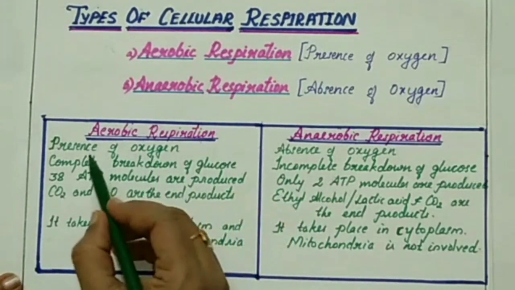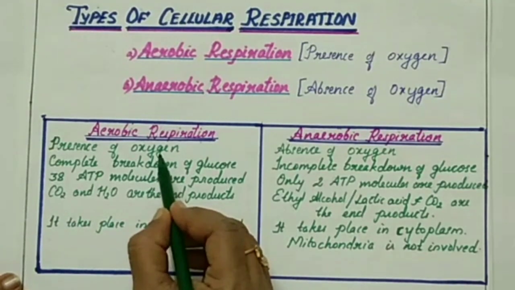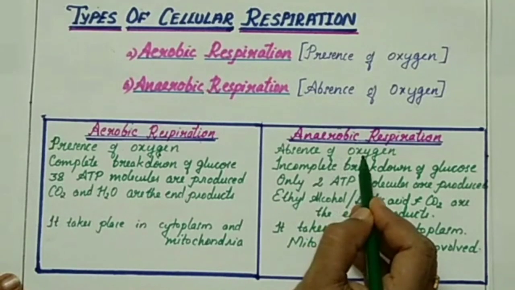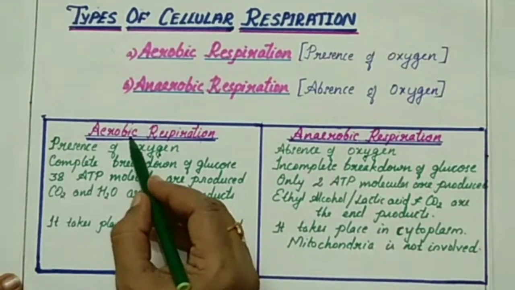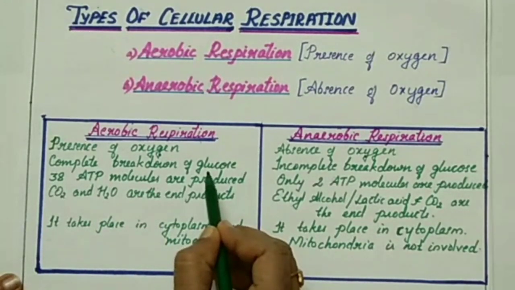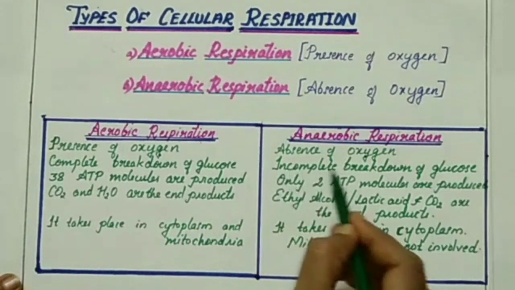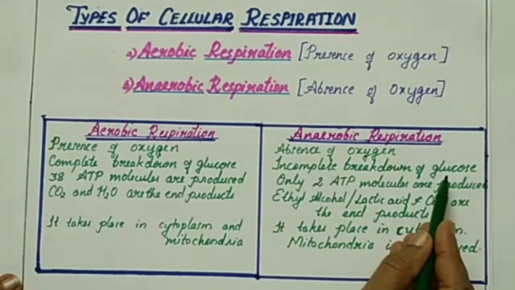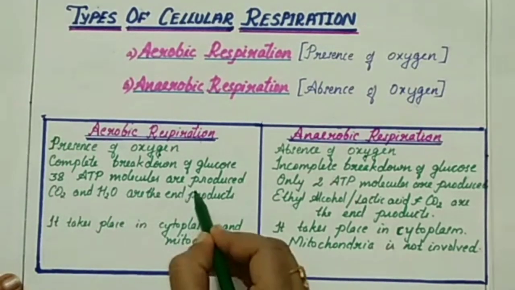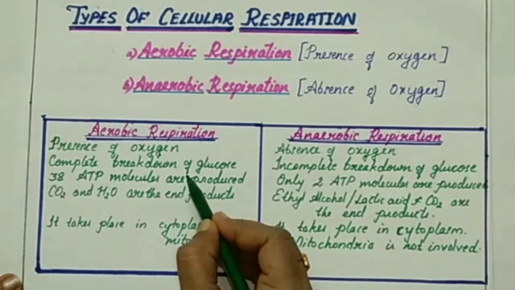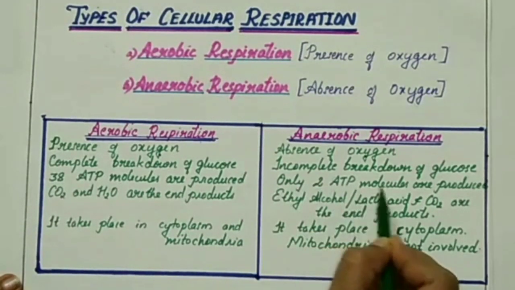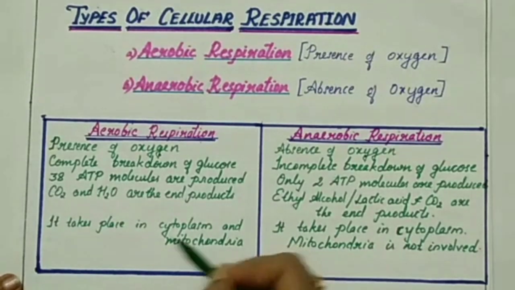Aerobic respiration takes place in the presence of oxygen, and anaerobic respiration in the absence of oxygen. In aerobic respiration, complete breakdown of glucose takes place, and in anaerobic respiration, incomplete breakdown of glucose. 38 molecules of ATP are produced in aerobic respiration, but in anaerobic respiration, only 2 ATP molecules are produced.